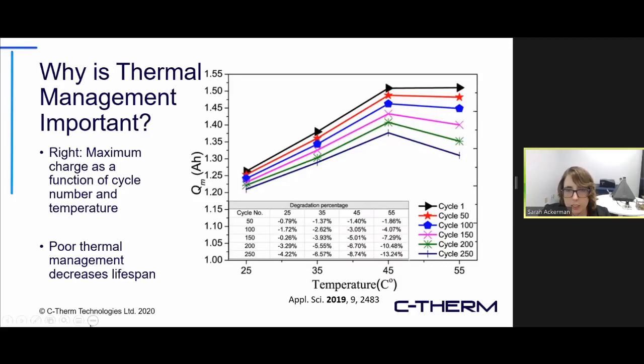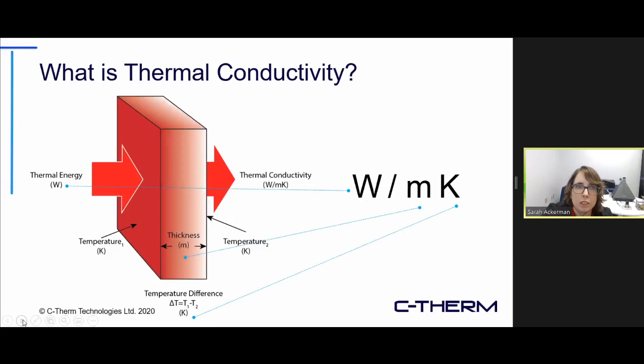So compared with an operating temperature of 25 degrees, at 55 degrees Celsius, you have about 3, maybe even 3.5 times the amount of battery degradation after 250 cycles as compared to operating at a 30-degree cooler operating range. And this just shows how thermal management is going to have a major effect on the lifespan of the device, in this case of the battery. A poorer thermal management, a higher operating temperature, is going to decrease the lifespan of this component.